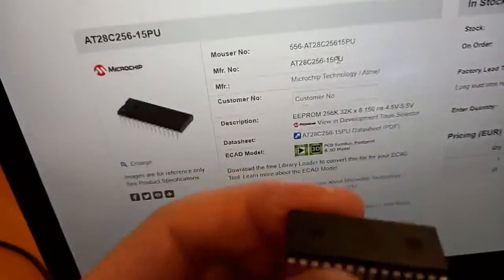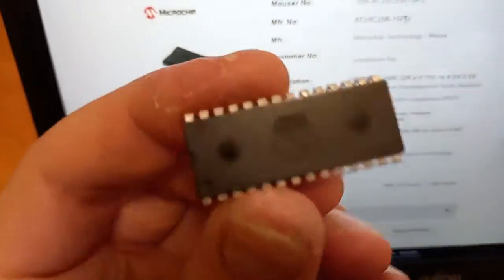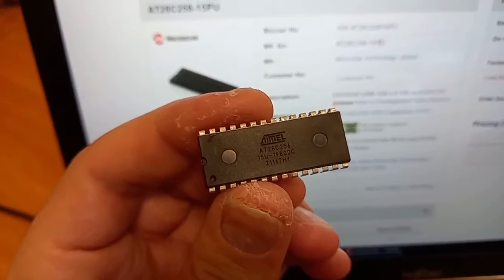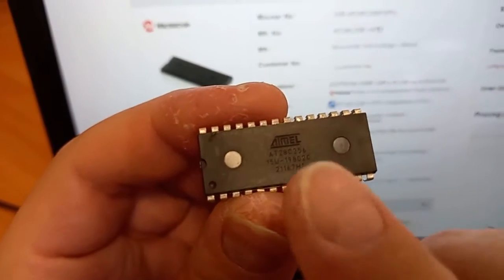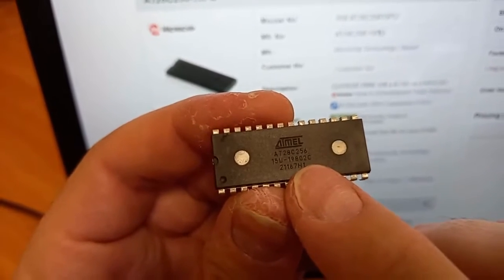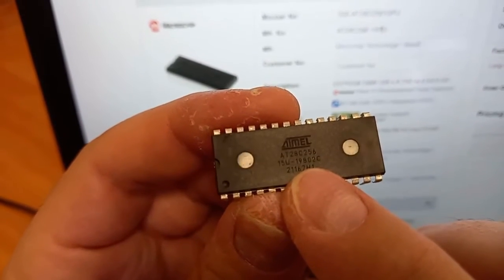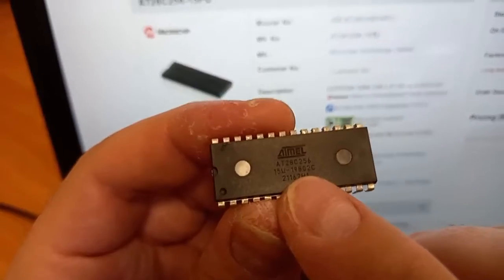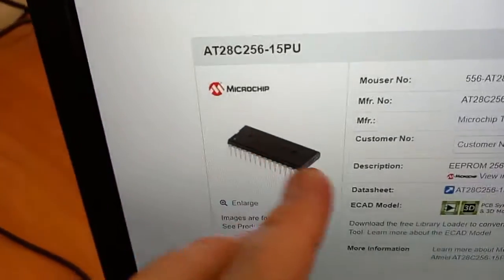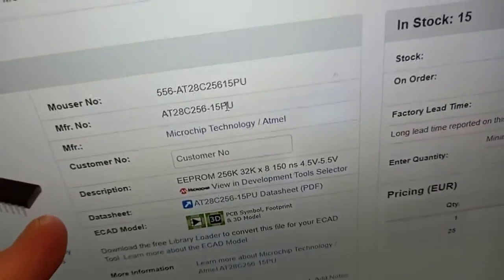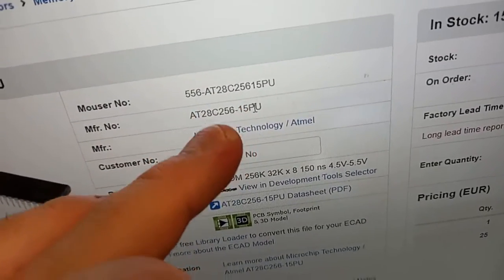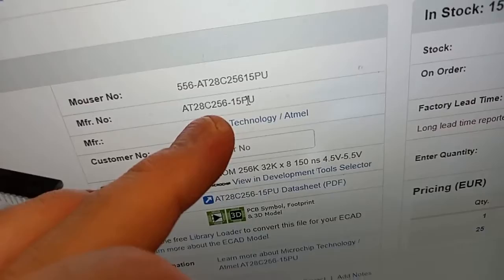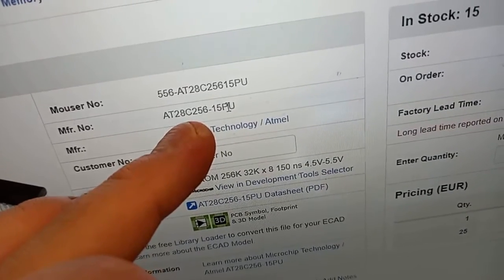It says something like 15 PU. I don't know what it means, or sorry, that's just U. But it looks the same. This must be the same chip, because we have the same name here, AT28C256.